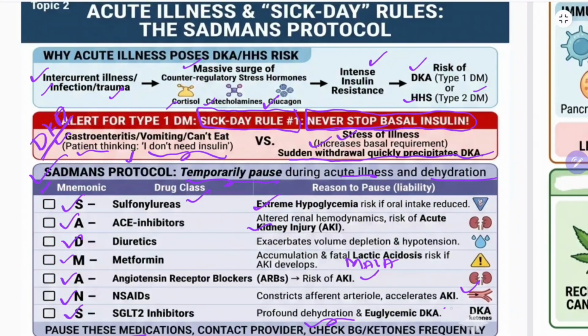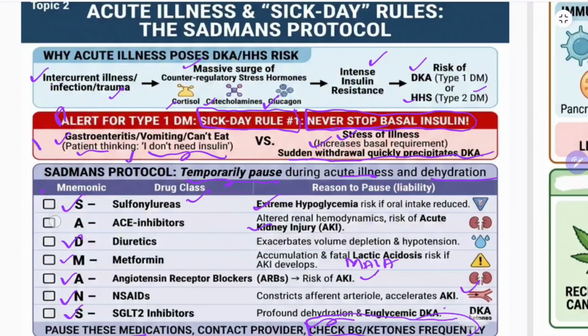One thing is wanted: the patient should be informed to take a lot of fluids during sick days. Both patients with type 1 diabetes mellitus and type 2 diabetes mellitus should take a lot of oral fluids, and they should check their blood glucose or urinary ketones frequently until the acute phase is resolved.